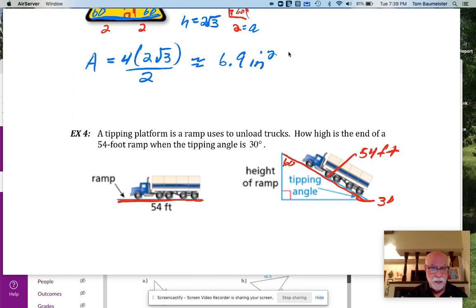The ramp doesn't expand, it stays the same length. So they want us to find out how high is the end of a 54 ramp. So they want to know what this is here. So this is our A, right? This here is our 2A, and this here is our A times the square root of 3.